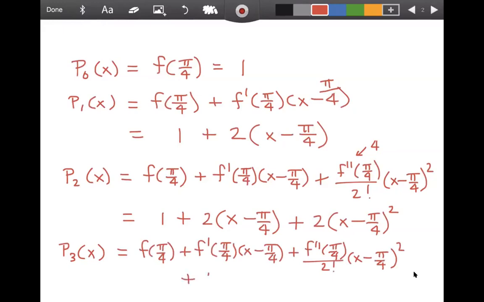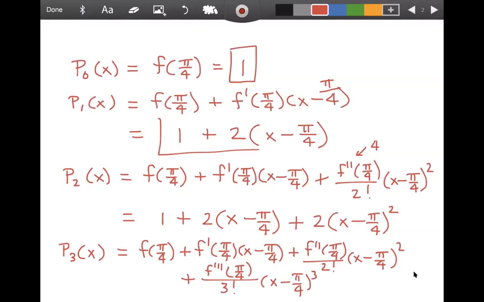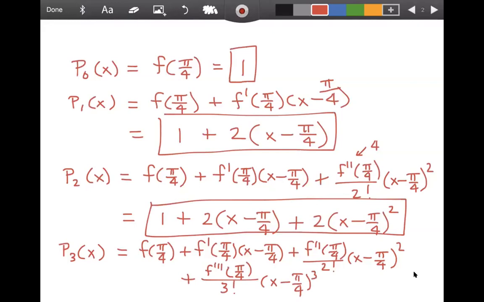Plus f triple prime pi over 4 over 3 factorial times x minus pi over 4 cubed. All right, so we're going to have to, oh dear. Okay, well, just note that there's my first answer, my second answer, my third answer, and now I have to erase at least my first answer in order to get the rest of P3 of x.